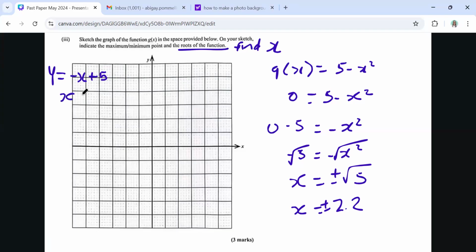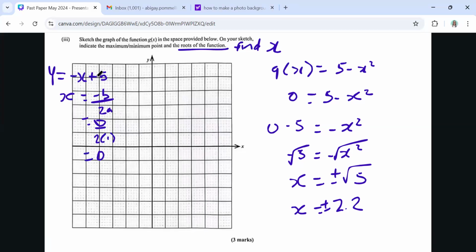So we know that x can be equal to negative b over 2a, right? And negative b, we don't have any b right here, so that is 0. And we know that 2a is 2 times 1. So 0 divided by 2 times 1 will always give you 0.